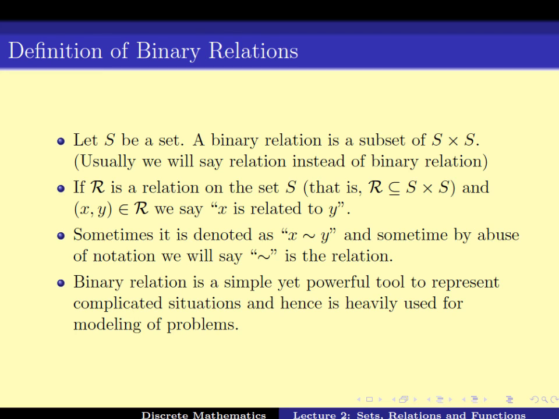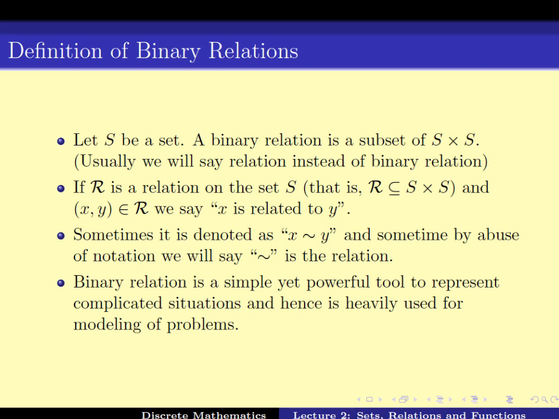Binary relations are an outstandingly powerful tool to represent various complicated situations, and they are heavily used for modeling real life problems and mathematical problems. We will see how binary relations can be used for modeling problems in the due course of these video lectures.